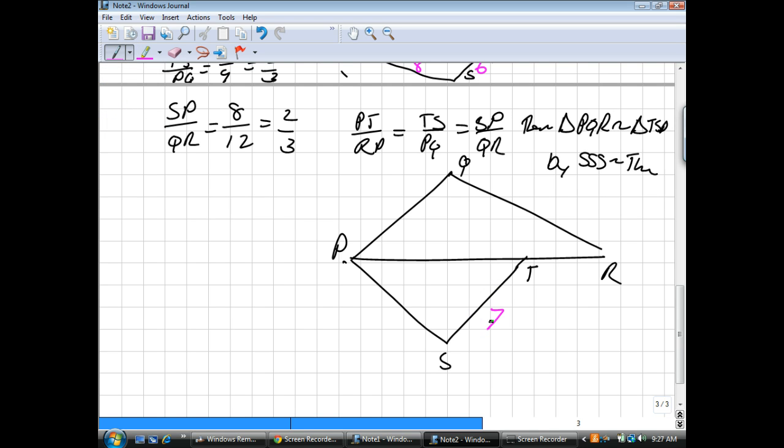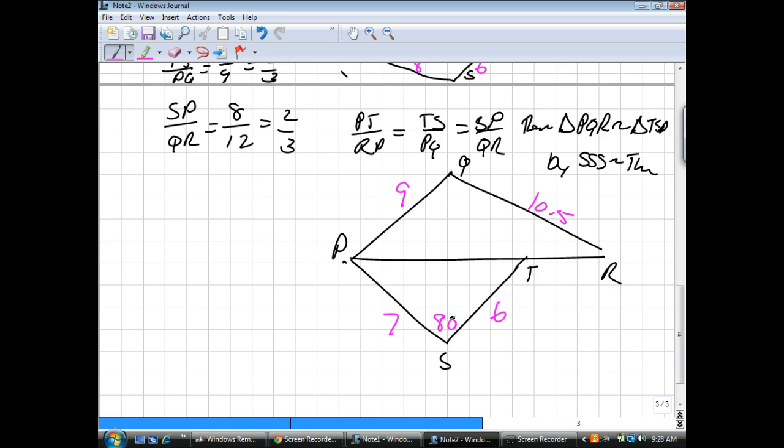I know SP is 7. TS is 6. PQ is 9. QR is 10.5. And measure of angle S is 80.